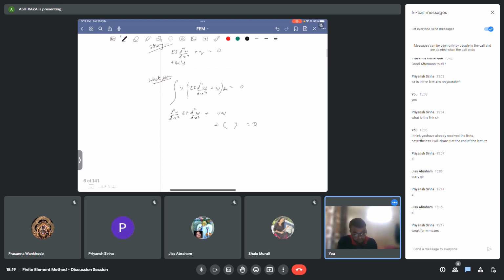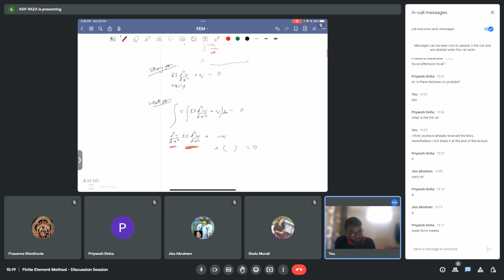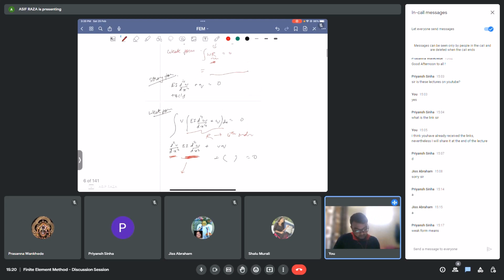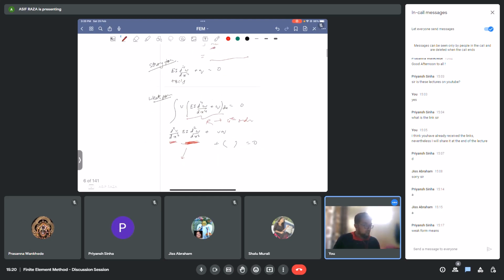So if you see, this is my weight function, this was the residue, this was of fourth order. When we integrate it using integration by parts, the order of this residue reduces to second.